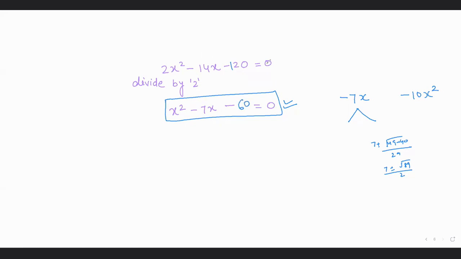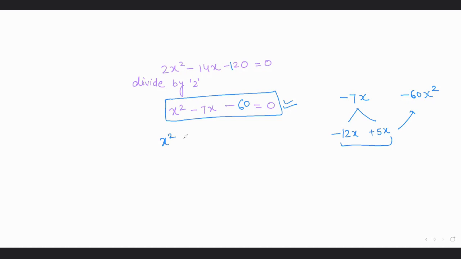Now, dear student, we have to do the factorization of negative 7x such that their product term is negative 60x square. So let me write here negative 60x square. Now you have to find the factors of this one. So can I say the factors will be minus 12x plus 5x, so that their product will be negative 60x square.